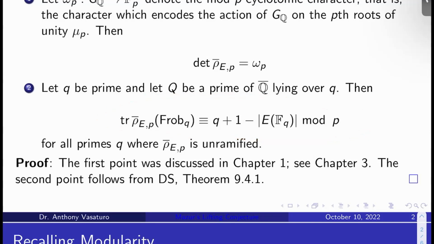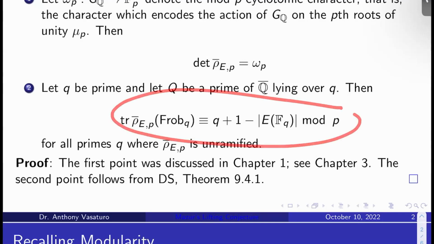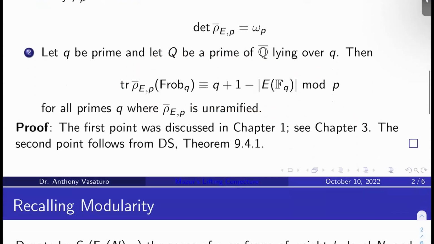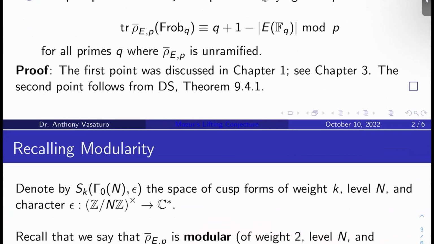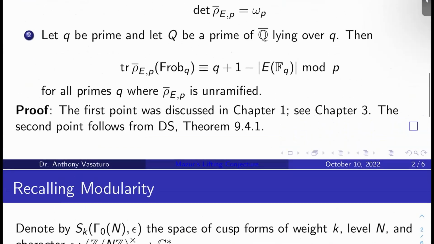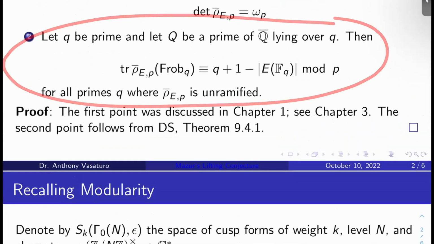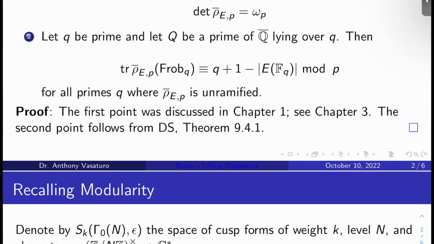Yet another way is to look at all the primes q that are unramified in the p-torsion field attached to E, that's Q adjoin the p-torsion of E, and ask if this equation holds for those primes. All of this was discussed in chapter 1. I'm pretty sure I explicitly discussed number 2, I just can't find exactly where, but you can find it in Diamond and Shurman chapter 9, Theorem 9.4.1.